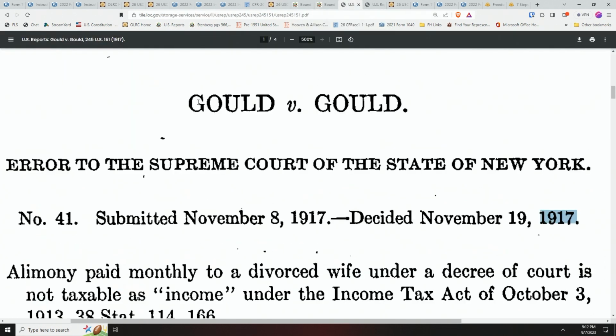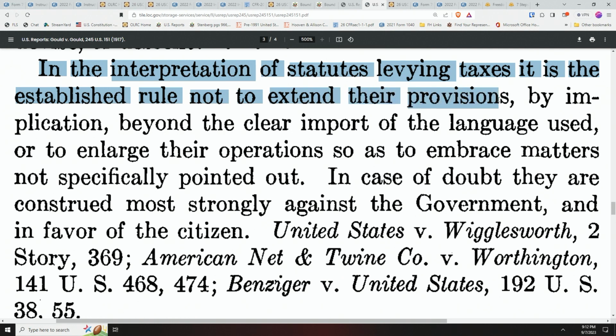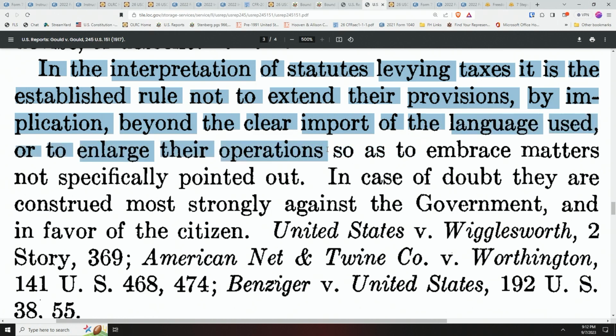Okay? So the Supreme Court also tells us in this unanimous U.S. Supreme Court case of Gould versus Gould in 1917, 9-0 votes, that in the interpretation or understanding of statutes, laws levying taxes, so in understanding laws that impose taxes, it is the established rule not to extend the provision of tax laws by implication beyond the clear import of the language used, or to enlarge operations so as to embrace matters not specifically pointed out.